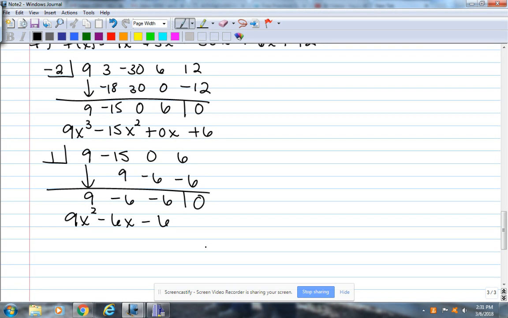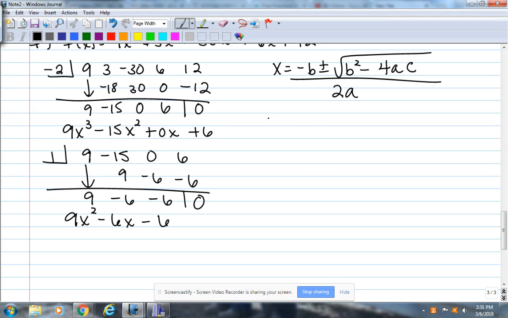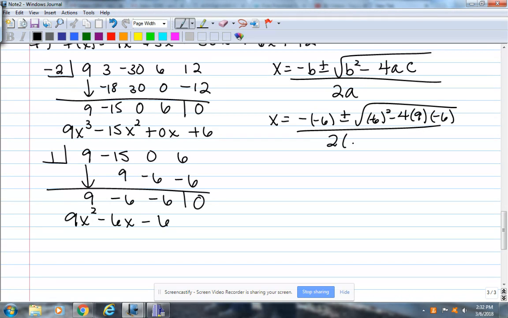So yeah, let's do the quadratic formula here. x equals negative b plus or minus radical b squared minus 4ac, divided by 2a. Good job. All right, so x equals negative b is negative 6, plus and minus the square root of negative 6 squared minus 4 times a is 9, c is negative 6, all divided by 2 times a is 9.